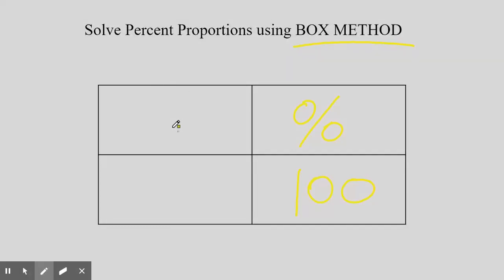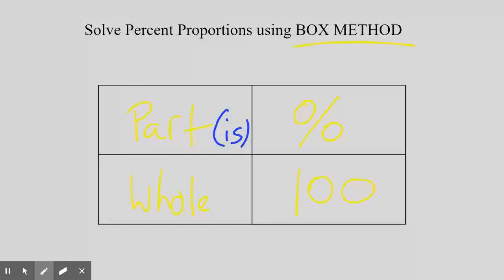In the top left corner, you'll have the part, so your part of the whole. And in the bottom left, you'll have the whole. Now, there are some keywords to help us out. How do I know if it's a part? How do I know if it's a whole? For part, the keyword could be "is."